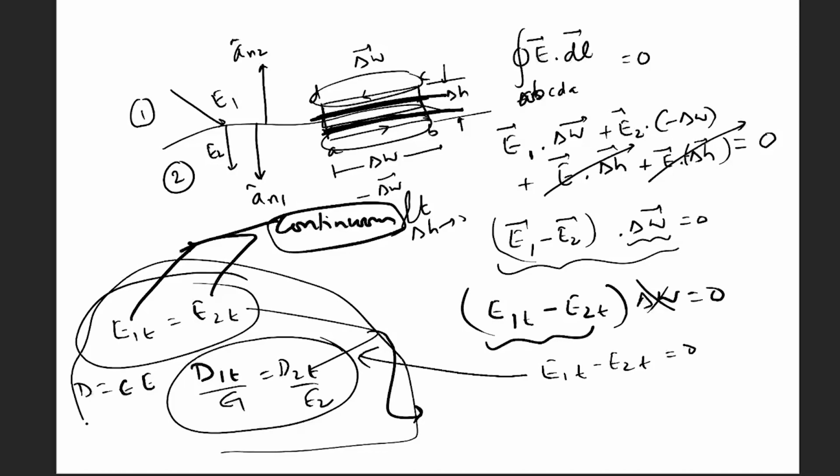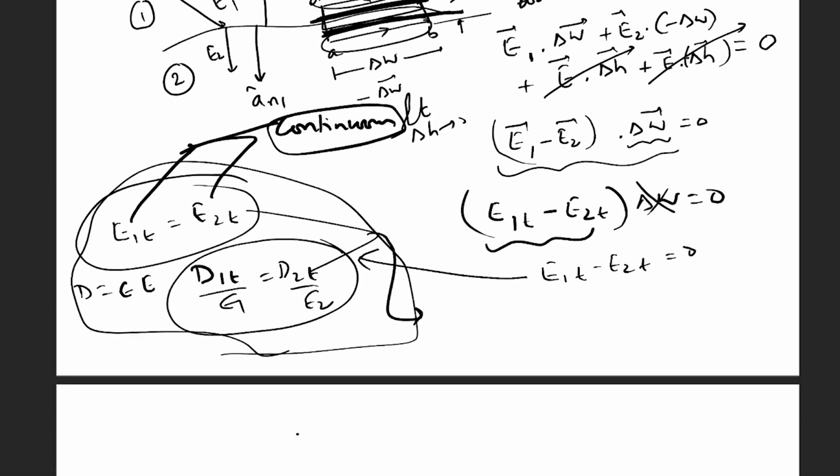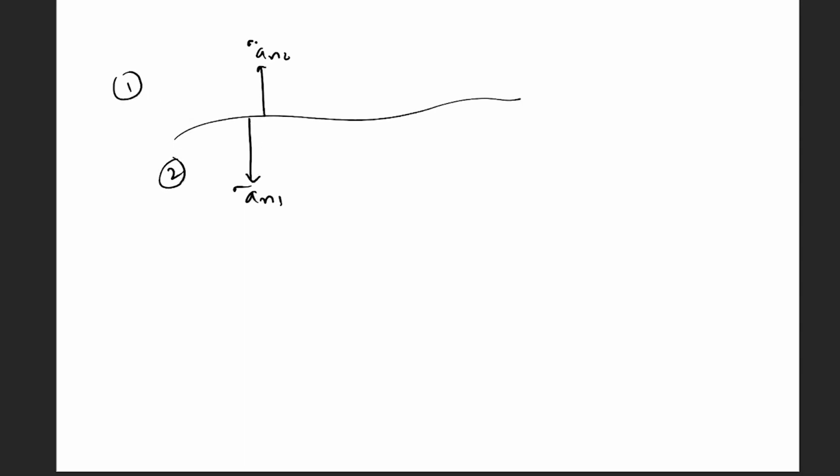Now let us try to derive the boundary condition for the normal component. For that, we will make a very small pillbox. Again, this is medium 2, this is medium 1, this direction is a_n1, this direction is a_n2, and this is the pillbox.